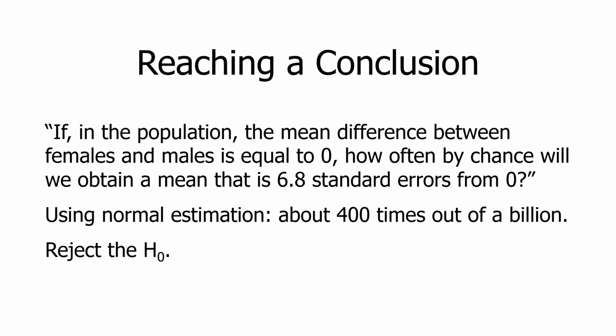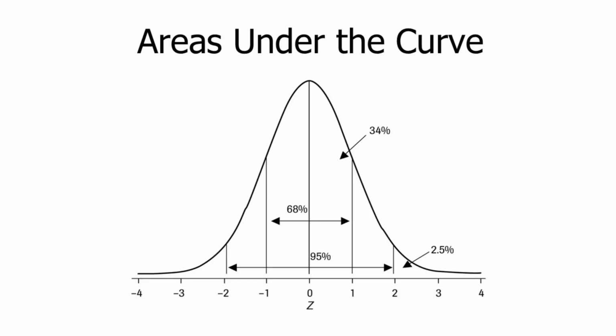Now, what does this mean? This means that the null hypothesis' asserted or hypothesized difference of 0 and the observed difference of 5 are 6.8 standard errors apart. Imagine the standardized conversion of a normal distribution where z of 0 is on the mean, and then you go out 1 standard error in either direction, 2 standard errors, 3 standard errors.